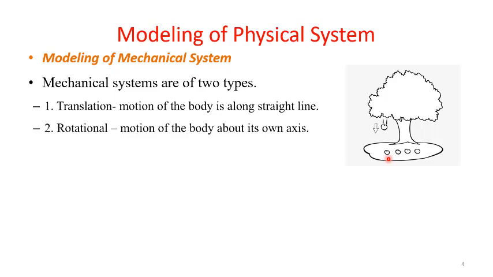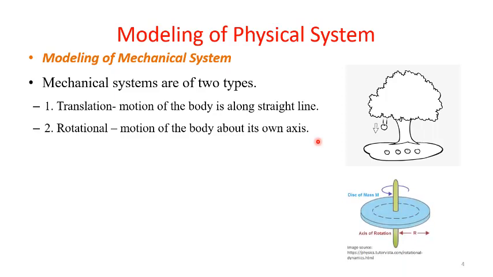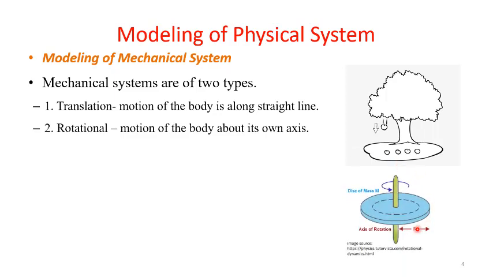Next comes the rotational motion, which is the motion of a body about its own axis. The body rotates about its own axis. An example is the spinning of a top. Here we take one example: a disc rotating about its own axis on its pin or pivot. Until it is rotating, the disc is balanced.